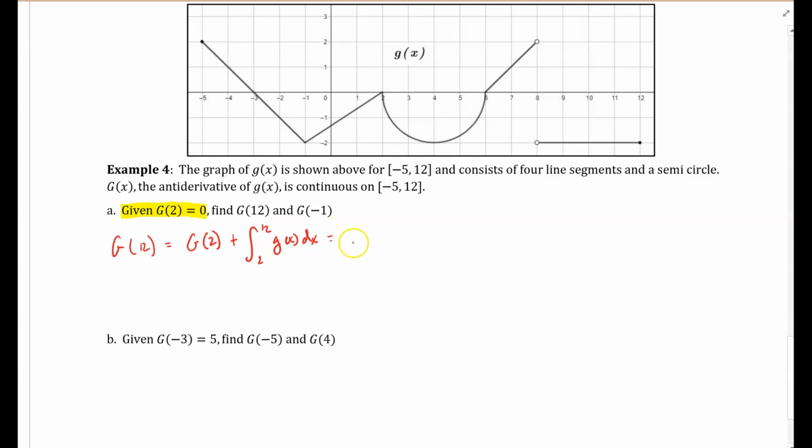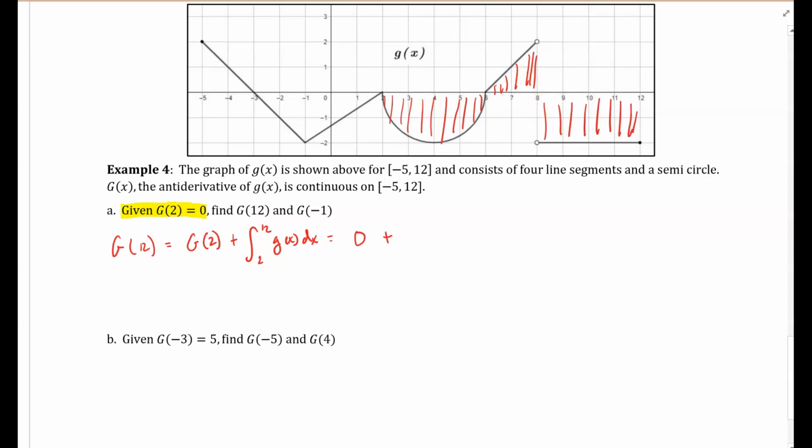So I know G of 2 is 0, plus now I have to calculate this area all the way from 2, which is here, to 12, which is all this, and then all of this.